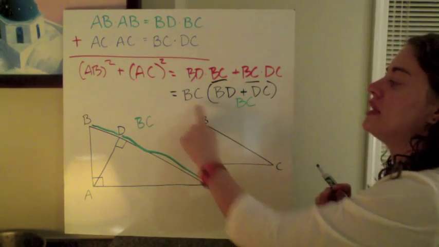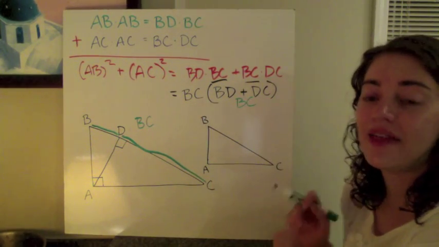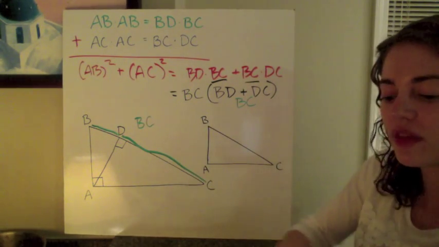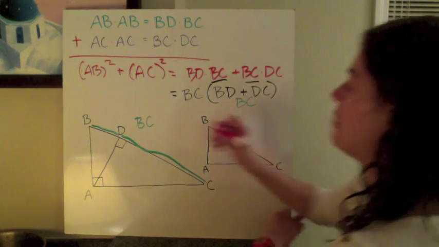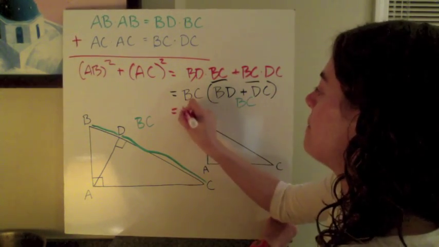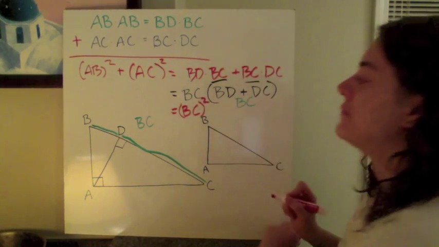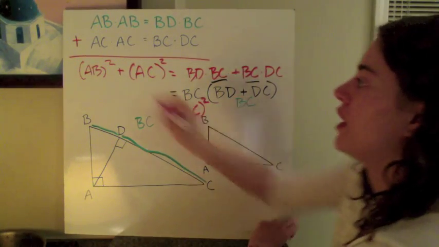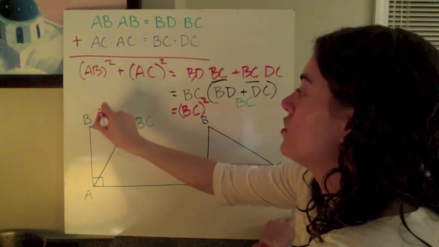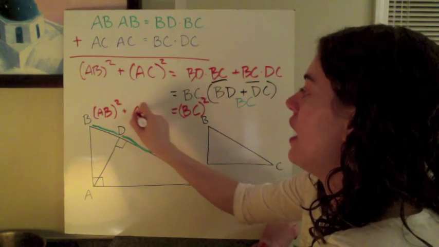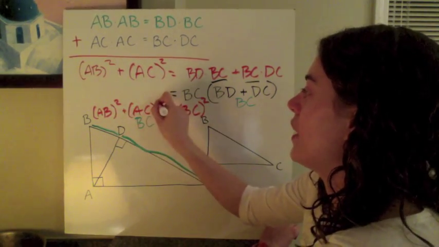So now I have BC times BC. And that's extremely helpful because now I have BC squared, and BC squared, again, is going to be equal to AB squared plus AC squared.